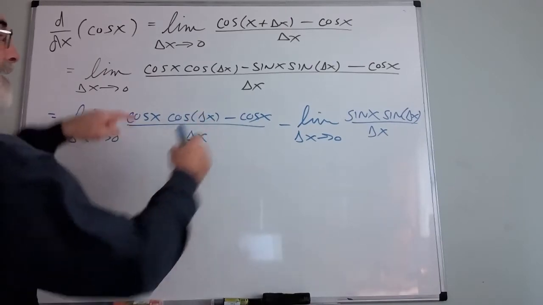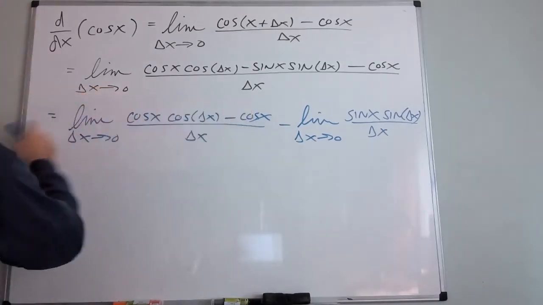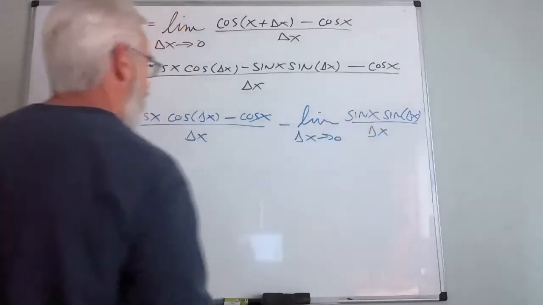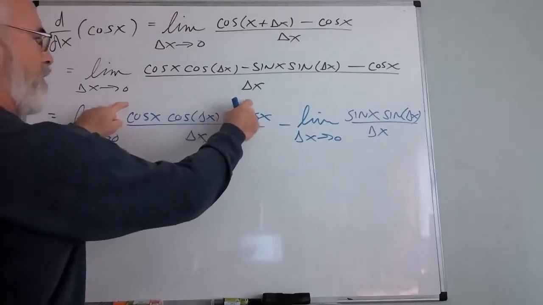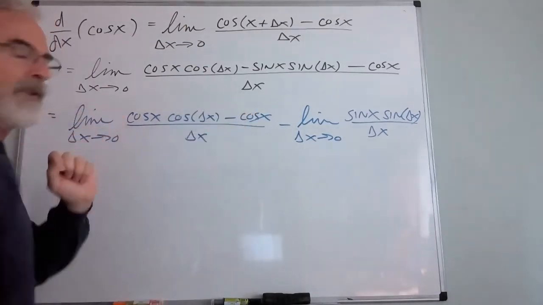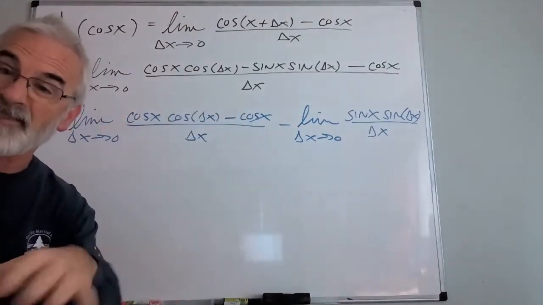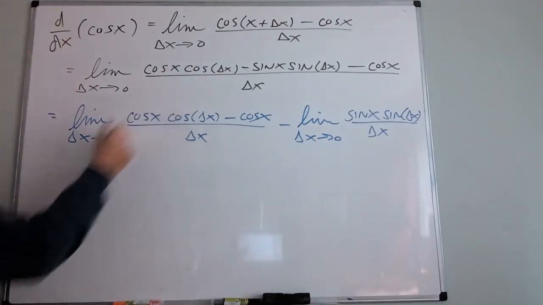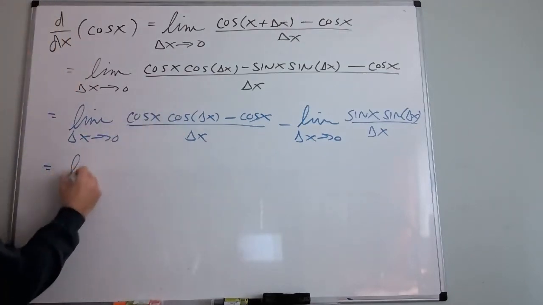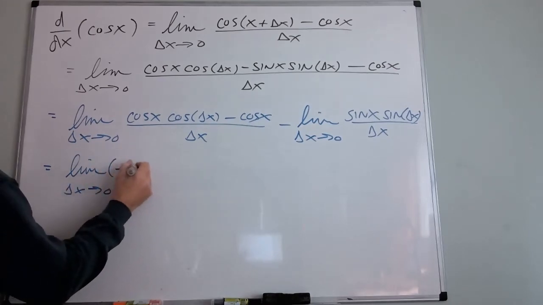Now, the only thing left to do is I'm going to factor the cosine out, and here I'm going to factor out the sine. But if I factor out the cosine, it'll be cos minus 1. I really want it to be 1 minus cos, because that's what the identity looks like. So here we will factor out a negative cosine. We're being a little bit clever now.